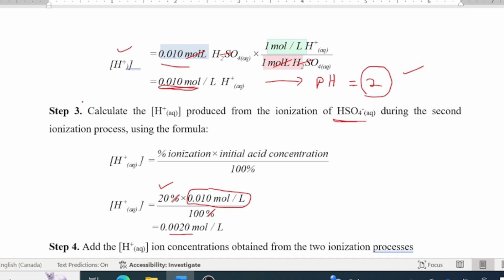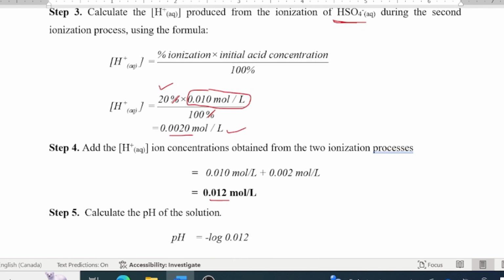So you have two sets. You have this set that came out from the first ionization and this set that is coming out from the second ionization. So we have to add that concentration to this concentration, okay, to get the complete thing. So you add that to that. So the final concentration of your hydrogen ion is the sum of those two and is equal to this.